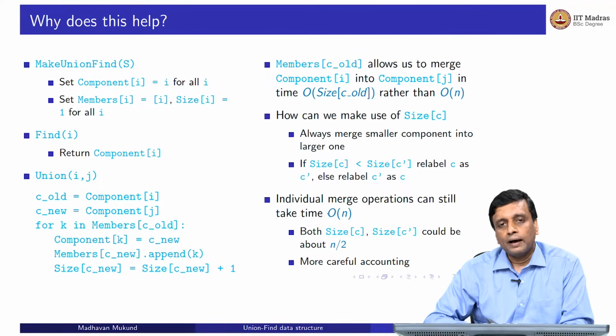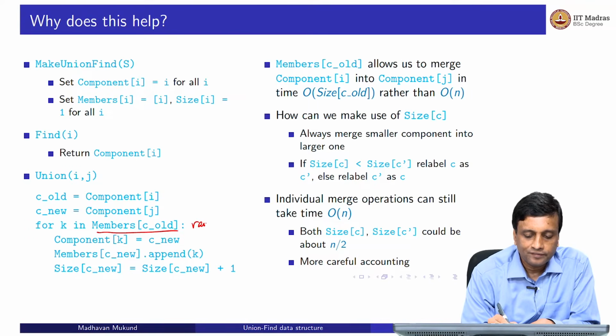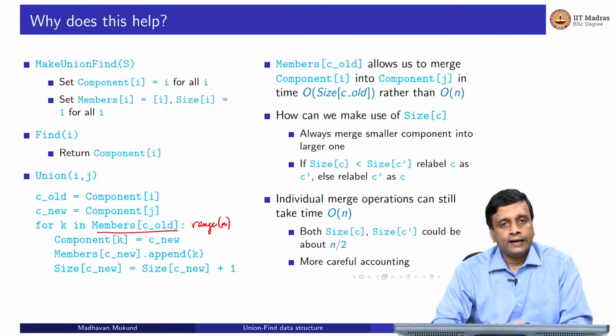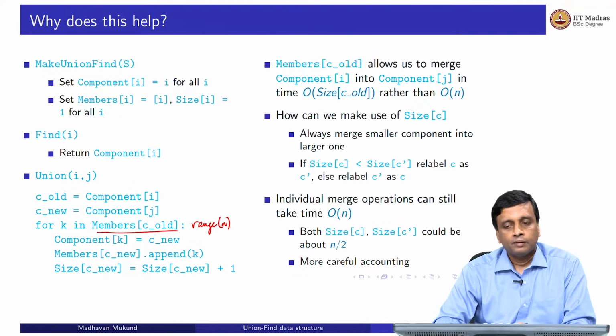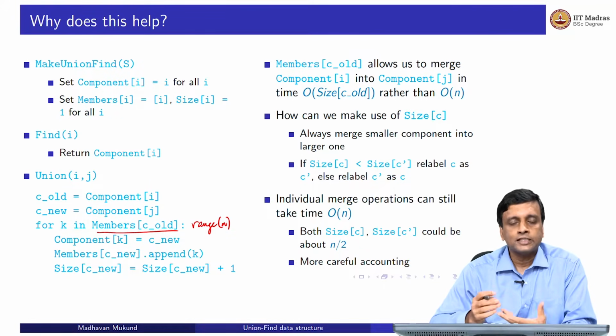A priori this does not seem to be so helpful. Remember, our problem was that when we were doing this as range of n, blindly, we were spending order n time on every merge. But now we are spending something proportional to the size of the smaller set. But the size of the smaller set could still be almost half.